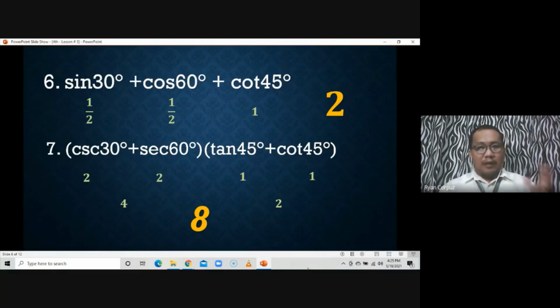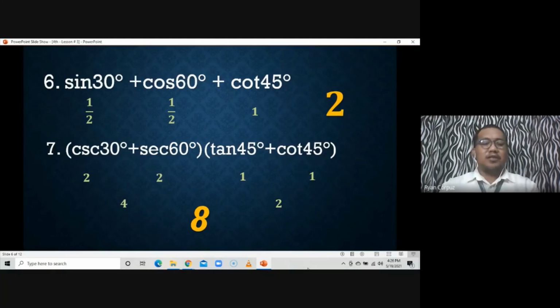So imagine kung gaano ka-helpful yung table of trigonometric ratios na yon in order for you to answer problems which involves trigonometric function together with those special angles. Kasi once na-encounter nyo yung mga special angles na yun together with the trigonometric function, you know already the value of it because you can make use of the table of trigonometric ratios on special angles.